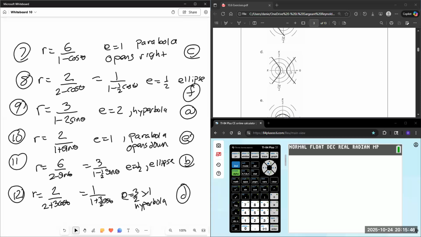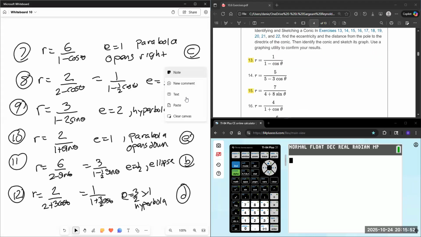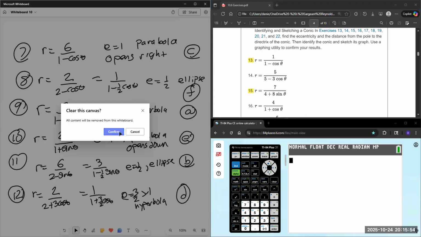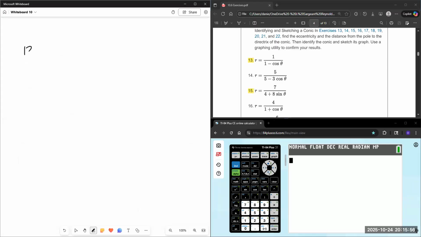So far, we haven't had to graph anything, but we're going to do that now, starting with number 13. Thirteen gives us r is equal to 1 over 1 minus cosine of theta, and our e is equal to 1, so I know I have a parabola, and I know that this parabola opens right because it has a directrix to the left of the focus here.